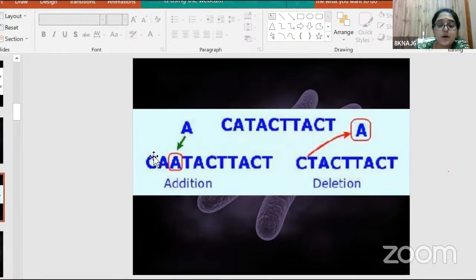You read three nucleotides at a time to form an amino acid. This is known as the reading frame during transcription and translation. So this causes a shift in the reading frame, and this causes frame shift mutations.